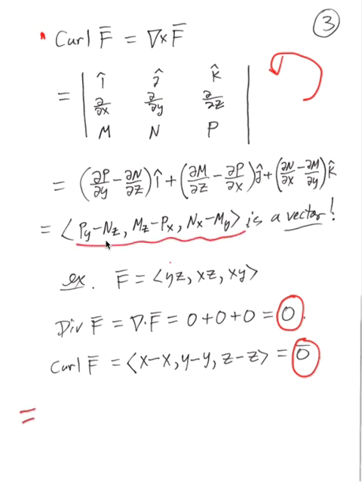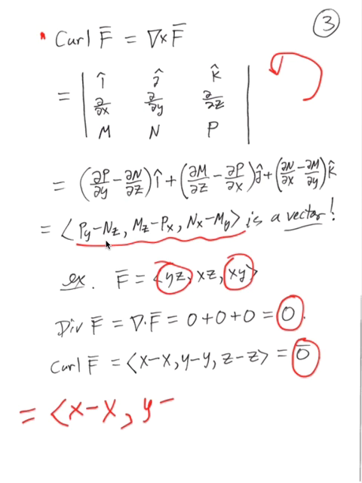Okay, what's our P? P with respect to y, what are you going to get there? You're going to get x, and subtract this. Our N with respect to z, what are you going to get? You're going to get x. Now, let's erase those. Now M with respect to z would be y, minus P with respect to x.